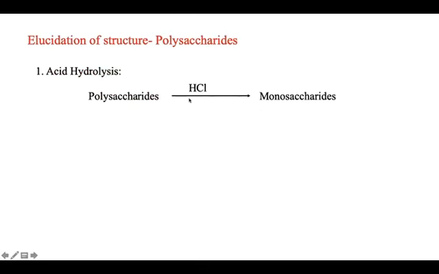Now we know that when we use acid to hydrolyze a polysaccharide, the polysaccharide converts into monosaccharides. For example, we have a glycosidic linkage there. There is a ring here, and there is again a ring here, and when we do the hydrolysis, the bond will be cleaved and there will be the formation of two units.